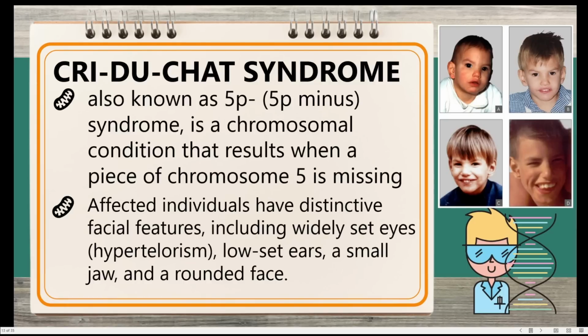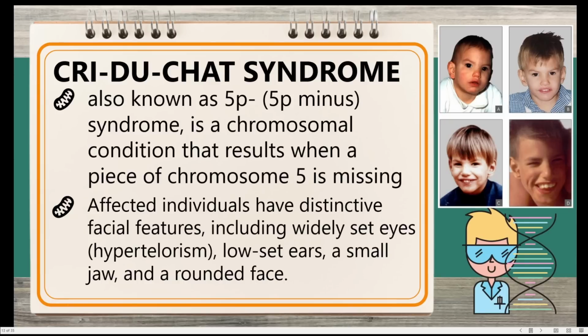What do you notice with a person or an individual with the Cri du chat syndrome? So they have distinctive facial features. Yung eyes nila medyo hiwalay ng onte. Makikita natin malaki ang space in between the two eyes. There are low set ears, small jaw, and a rounded face.